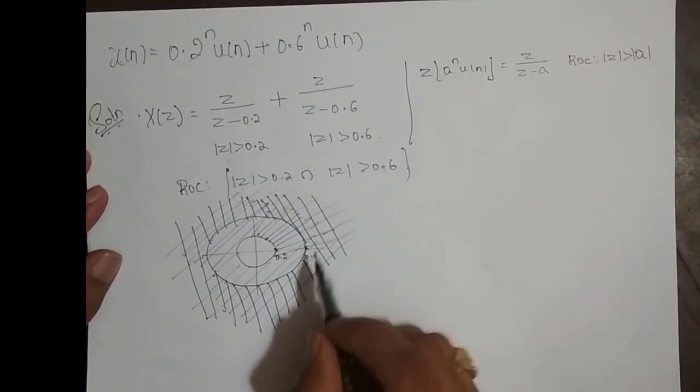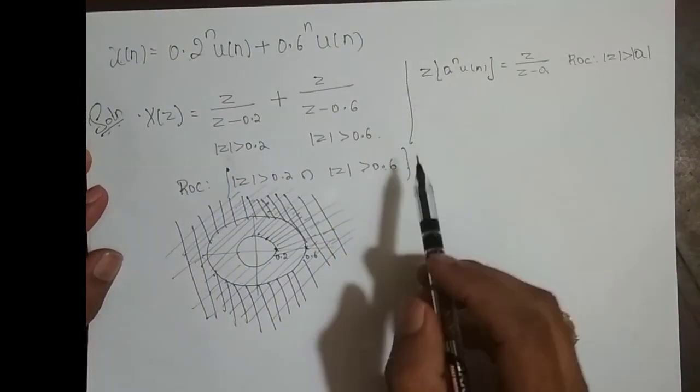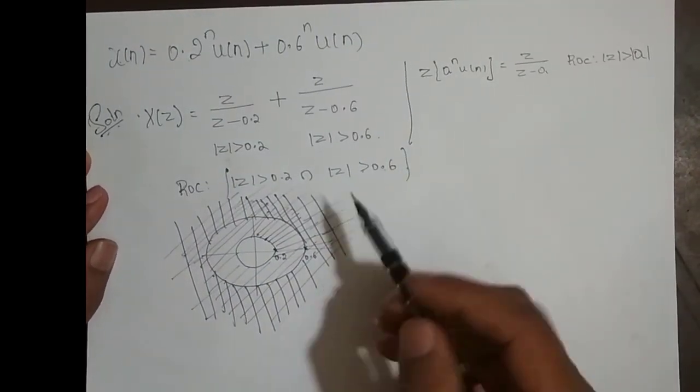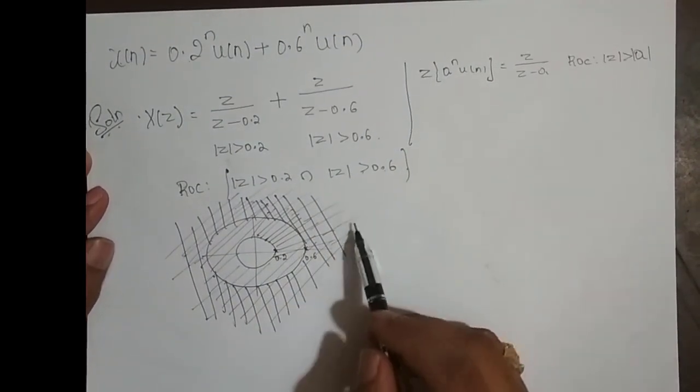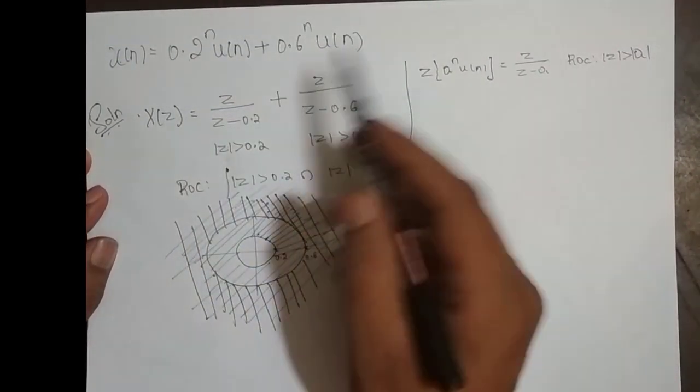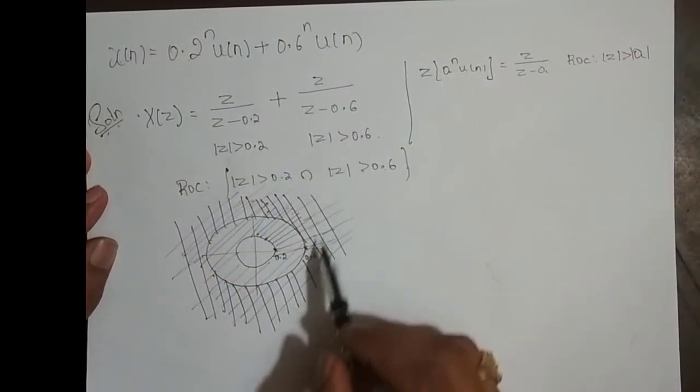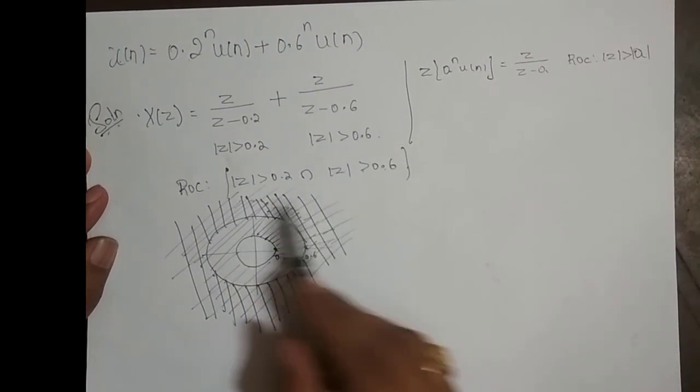So what is the intersection region now? What I need to consider is, as we discussed in the initial videos, if we have more than one infinite right-sided sequence, the combined ROC will be the intersection. Now where is the intersection part?